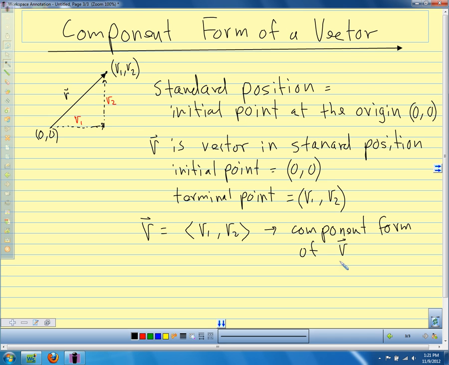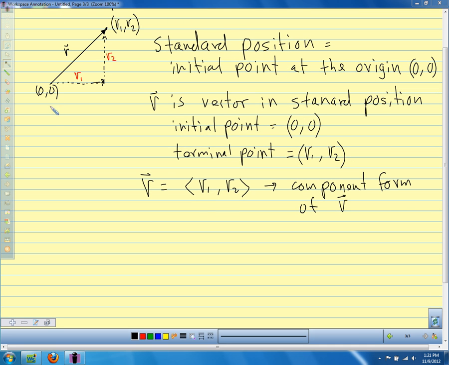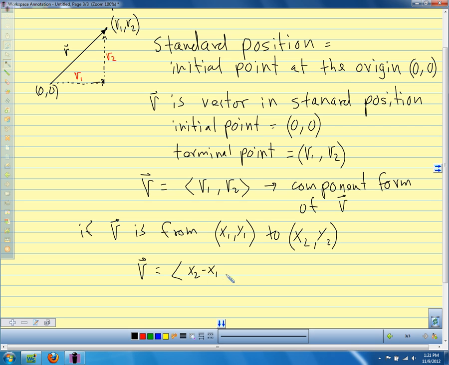Is there a question? No questions? And if our vector goes from some other point than 0, 0, if v is from some point x1, y1, to x2, y2, then our component form is just x2 minus x1, comma y2 minus y1.